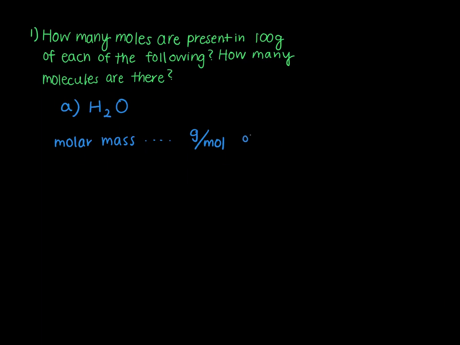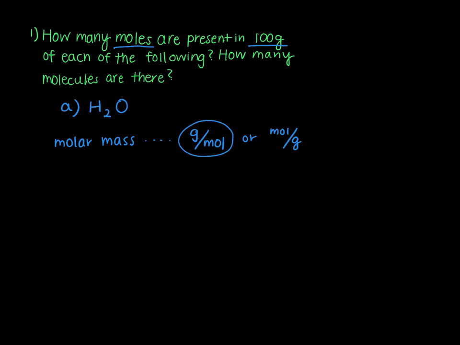Or you can change it around and say moles over grams. So why we want to find this is because we're given 100 grams of each of the following. So in this case, water. And then we want to convert this into moles. So notice that molar mass has both the units of grams and moles.